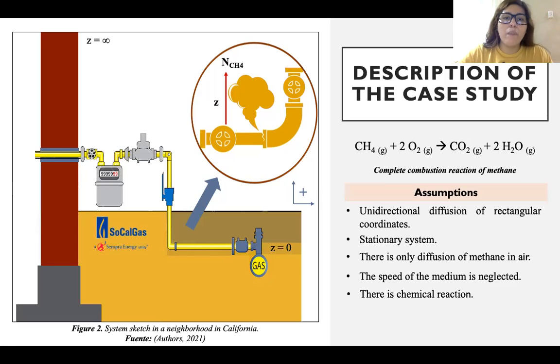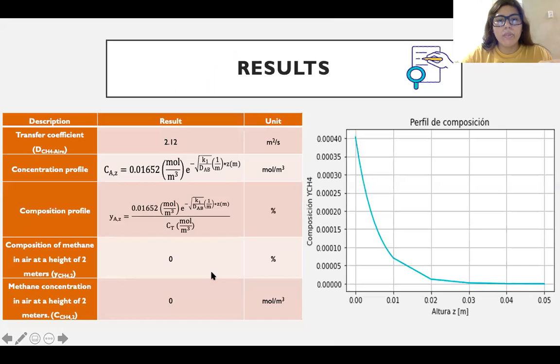For this system, the boundary conditions are that at infinite height, the methane composition will be 0, and at the beginning of the leak there will be the molar flow. The transfer coefficient between methane and air was determined from a bibliographic source, giving 2.12 square meters per second.